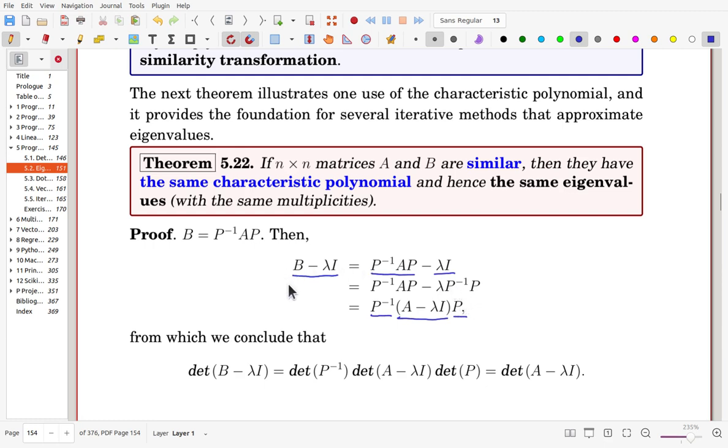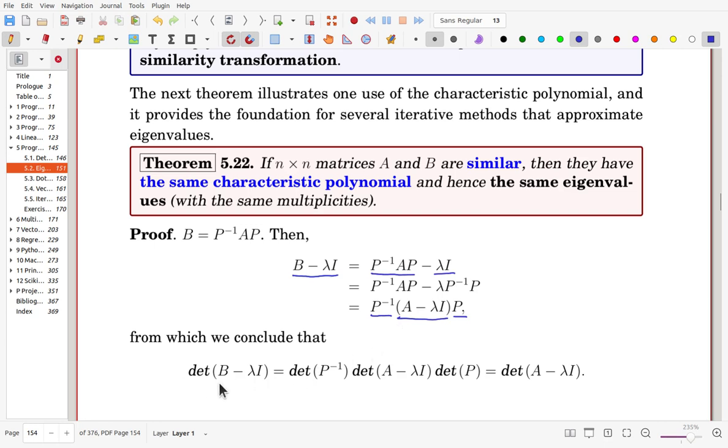Now we apply the determinant. A property of the determinant is that the determinant of a matrix product is the same as the product of each determinant.